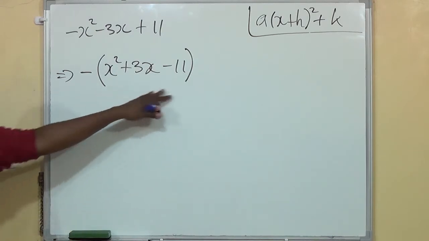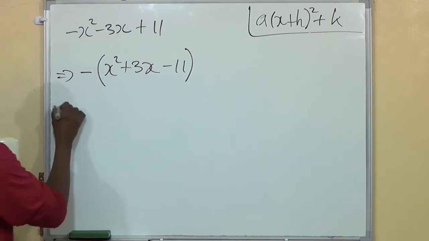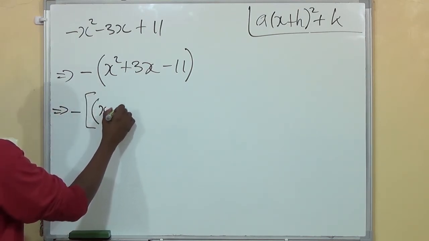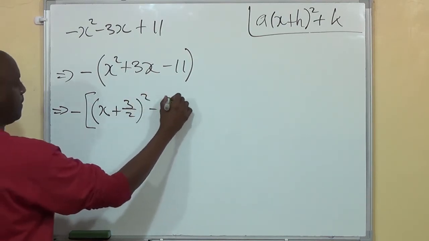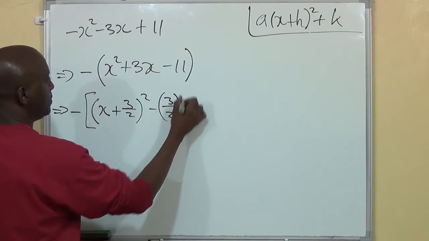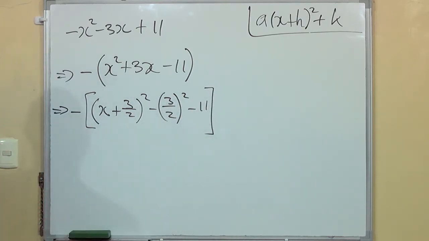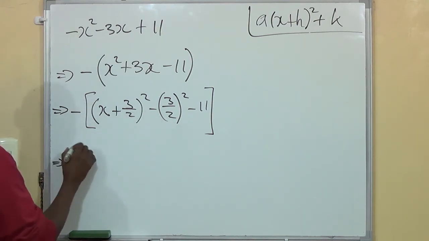Then you deal with everything inside. You'll get minus square brackets into x plus 3 over 2 squared minus 3 over 2 squared minus 11. Now we know that 3 over 2 squared is 9 over 4, so let me put it in here.